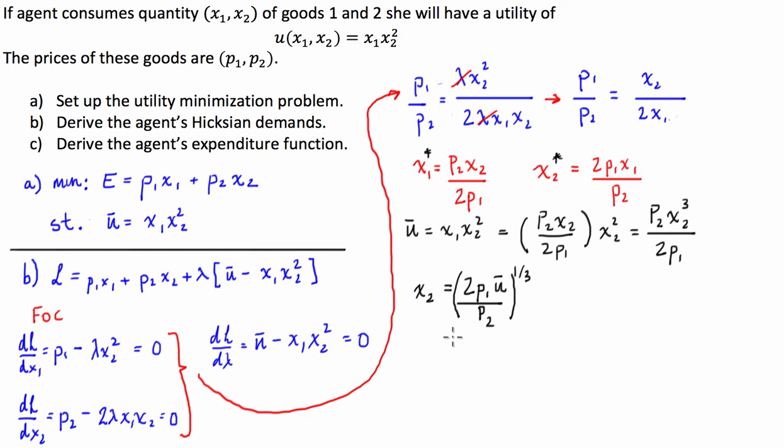Cool, and we can also do exactly the same for x1. We can substitute x2 into this function, and we're left with u is equal to, we're going to have x1, but rather than writing x2, we're going to write 2p1 x1 divided by p2, and we're going to square that.